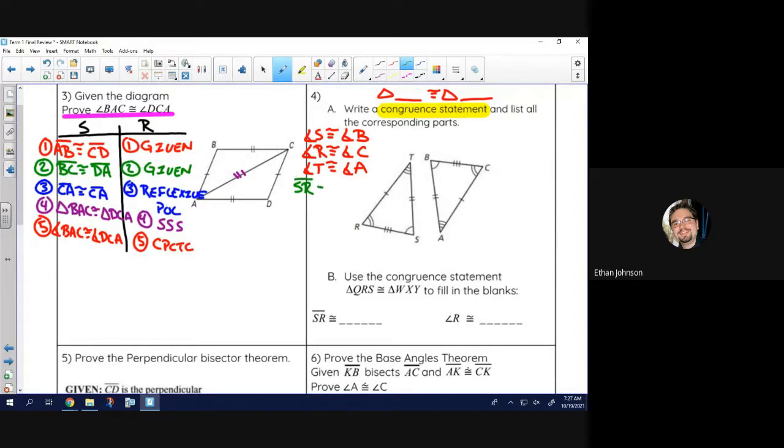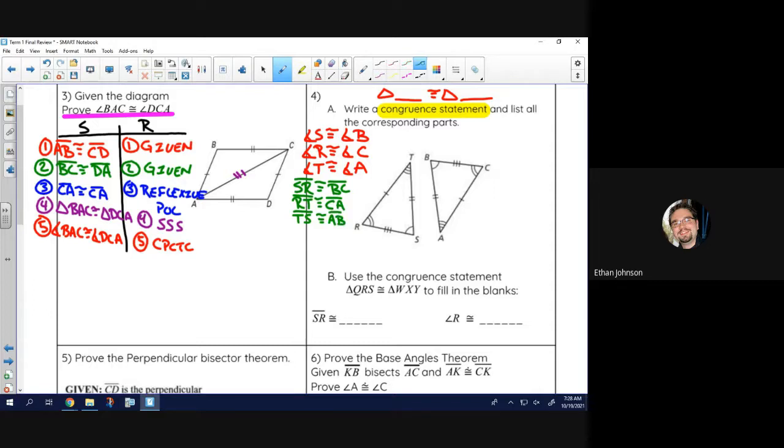I know SR matches with BC. I know RT matches with CA. And I know TS matches with AB.